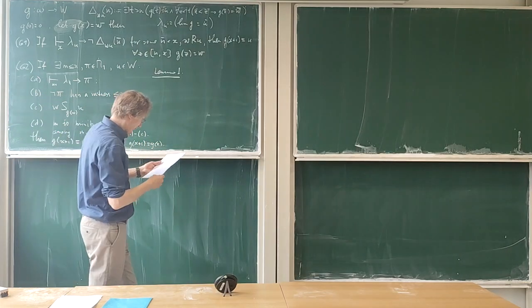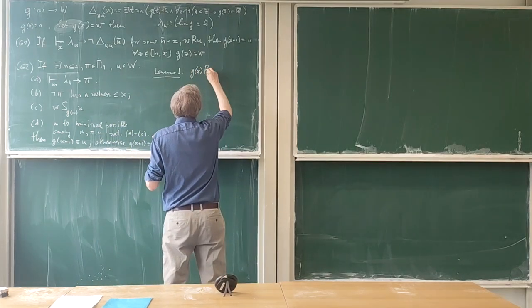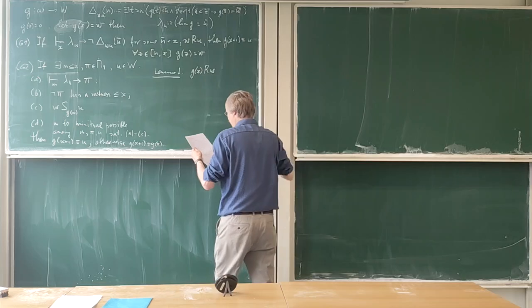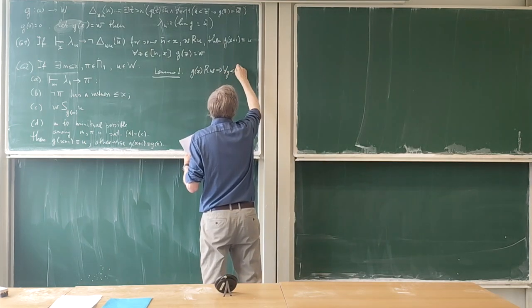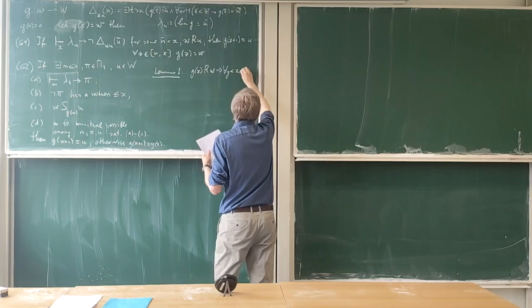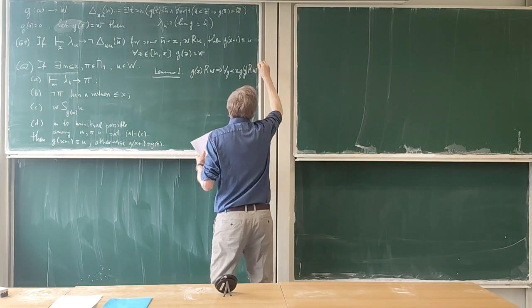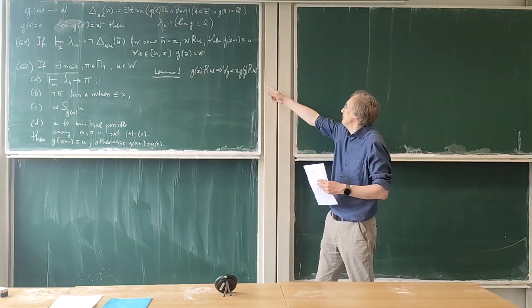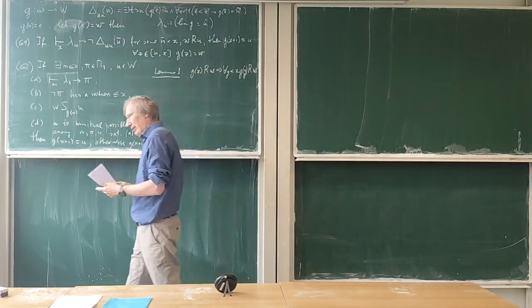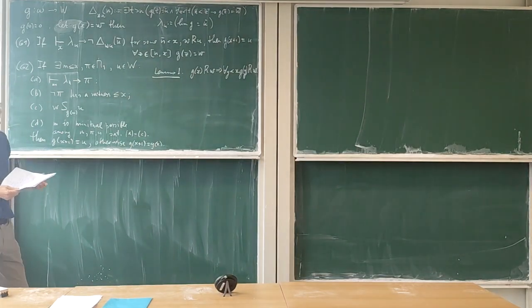So lemma 1: if g of x is R below w, then all the previous steps will also satisfy this condition. This is a kind of trivial observation by the property of the S and R relations in our model.